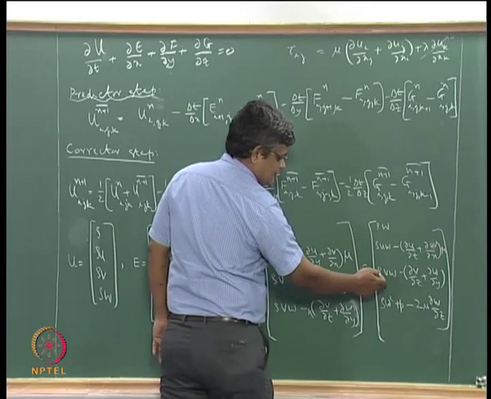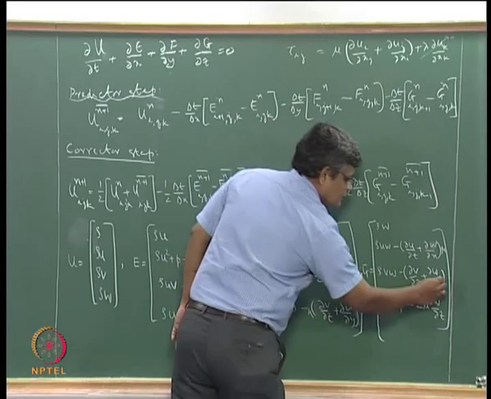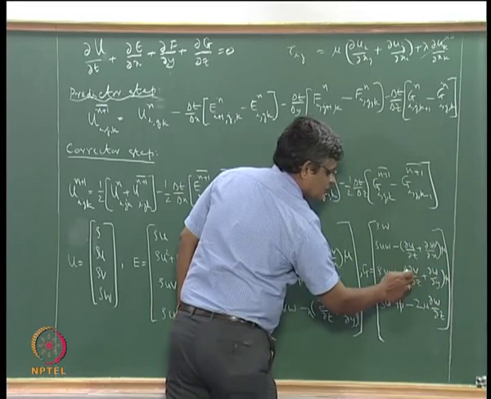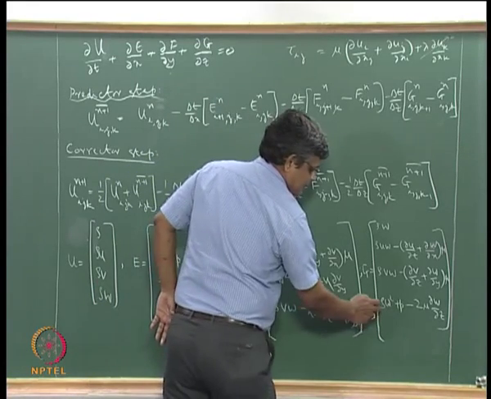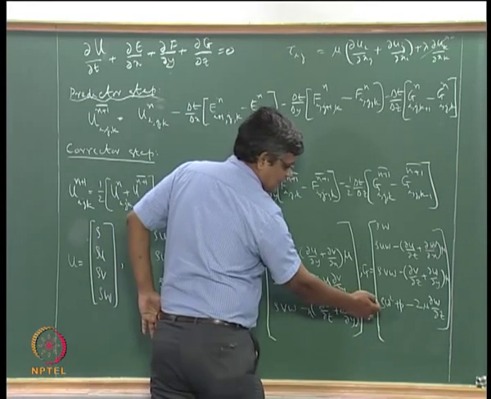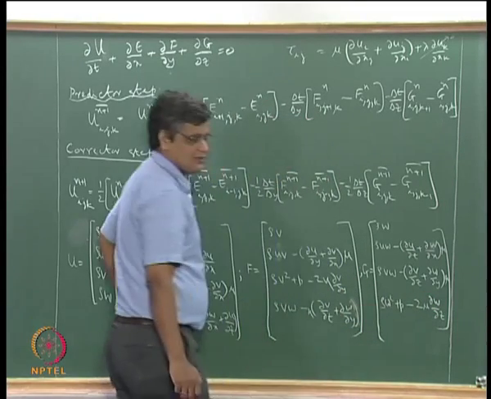In the y momentum direction we have rho v w minus mu times dou v by dou z plus dou w by dou y, and in the z momentum direction we have rho w square plus p minus 2 mu dou w by dou z.